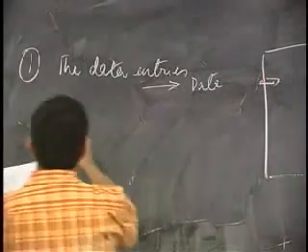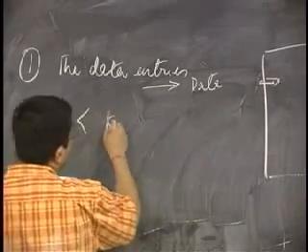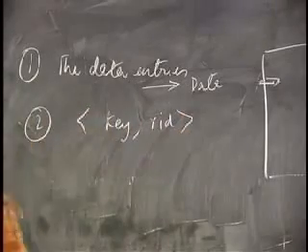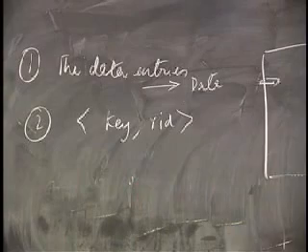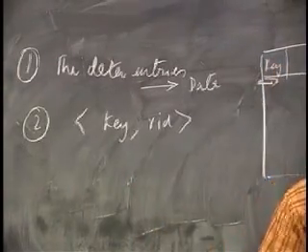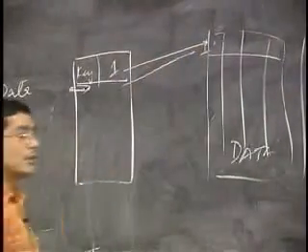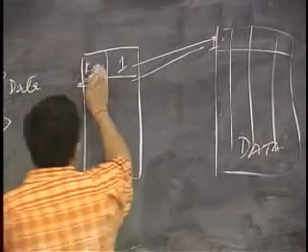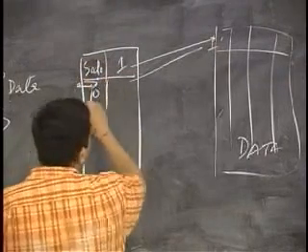Another is a data entry that is a combination of a key and row ID, where the data may have 10 different fields, but here you pick up a key and row ID 1. Say this is 1, row ID 1, so it starts pointing here. Or, say, the example in the book is salary, so you could have 10 and some.